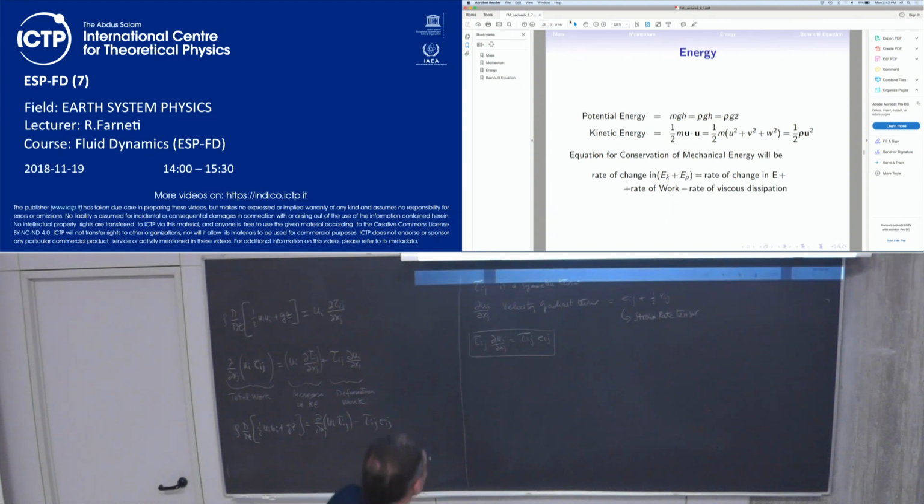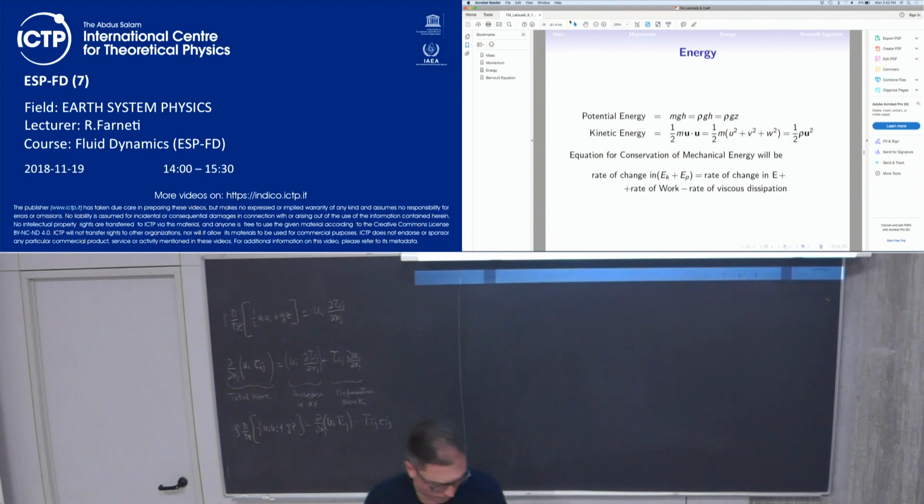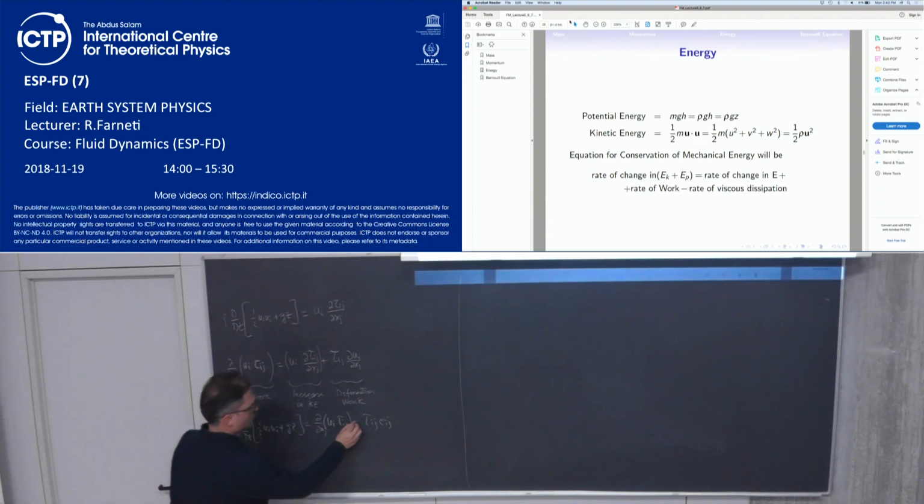And now we go back to the constitutive equation for this tau. Is it minus 1? Not minus? This is a minus. Okay, the total minus this component is equal to this.